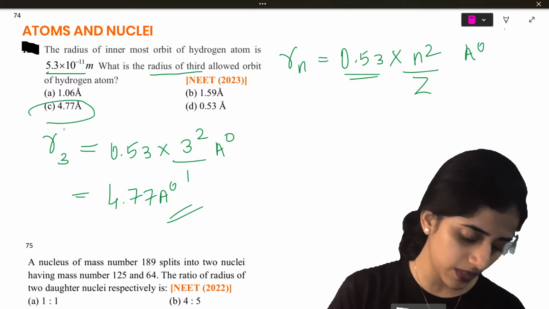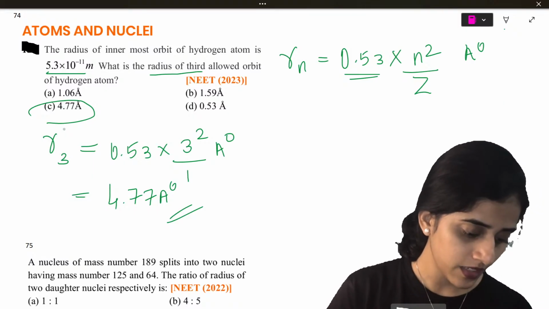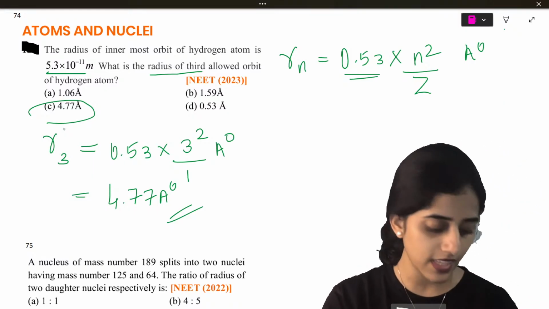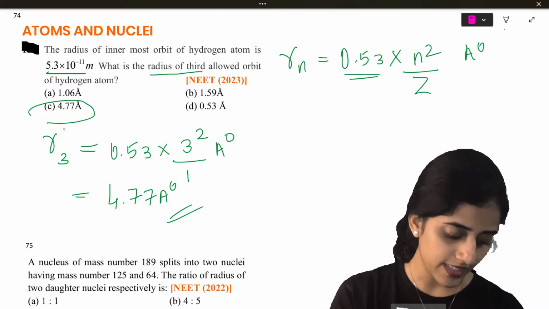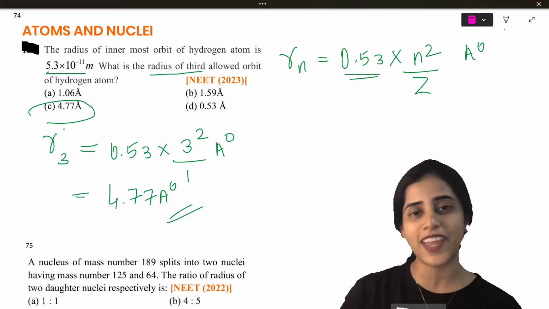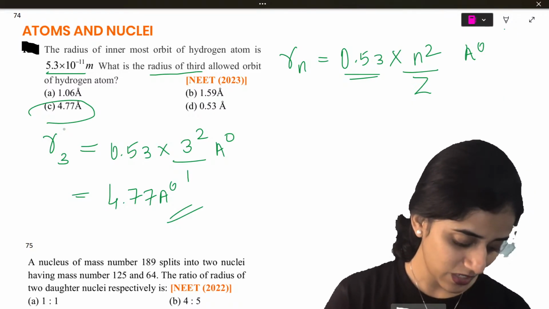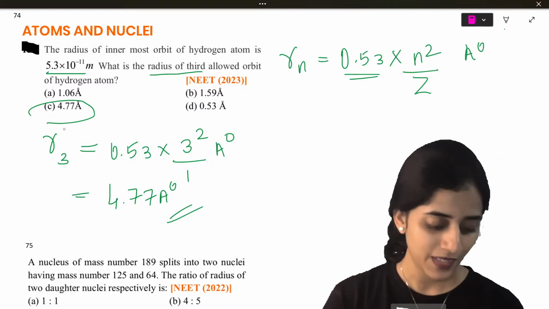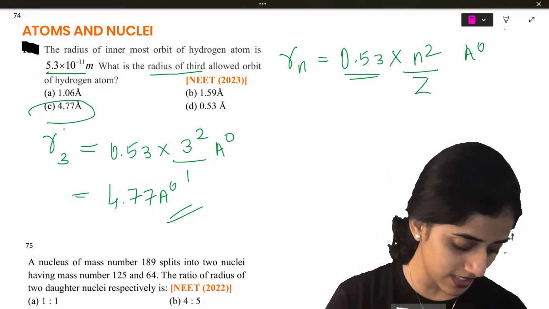All those who are getting option C, put the answer in the chat. Yes, Kavindram is the first one to answer. Very good, Kavindram got C. MNV got C. Others, quickly, what is the answer? Harshita got C, very good.